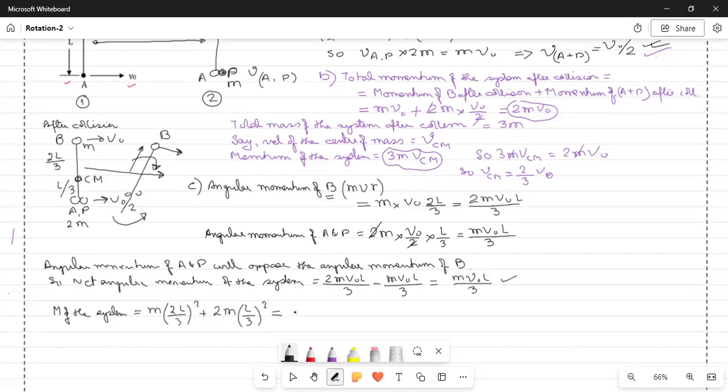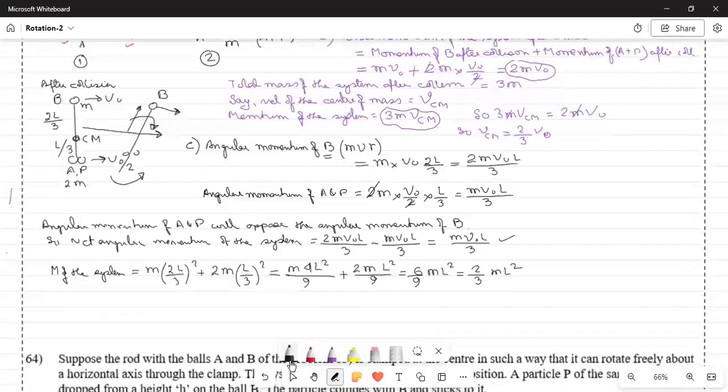This makes it m times 4L square by 9, plus 2m L square by 9. This makes you 4 plus 2, 6 by 9 mL square, which is equal to 2 by 3 mL square.